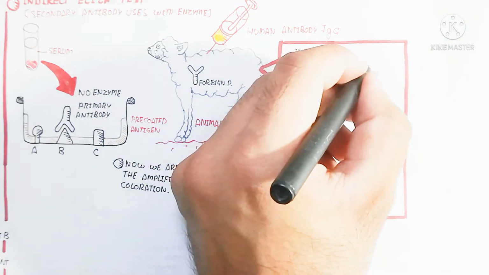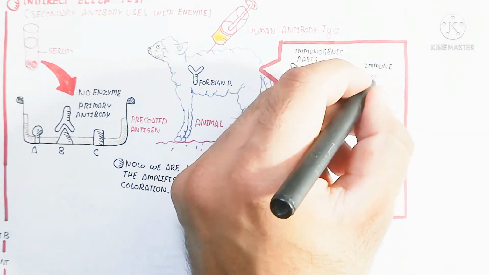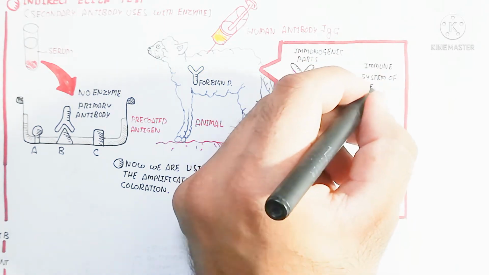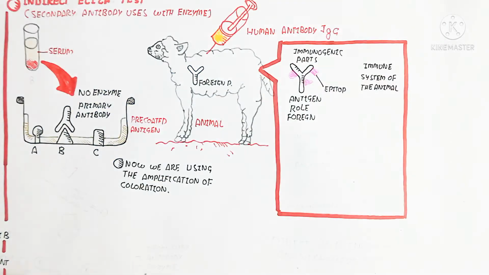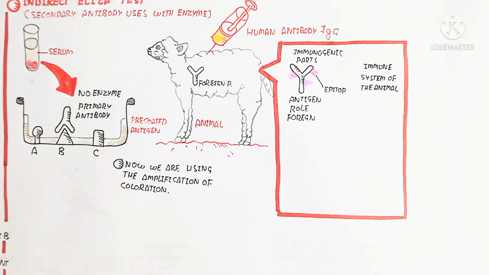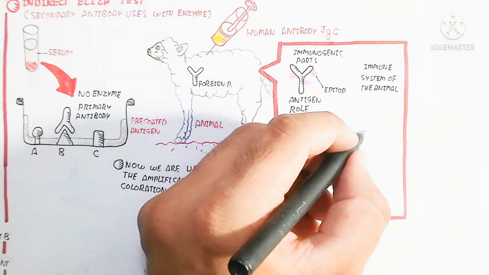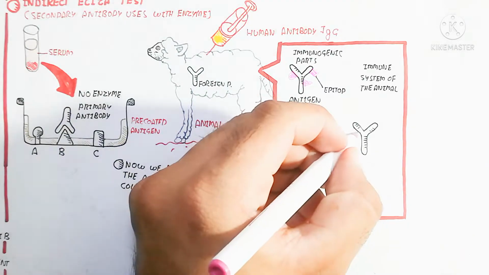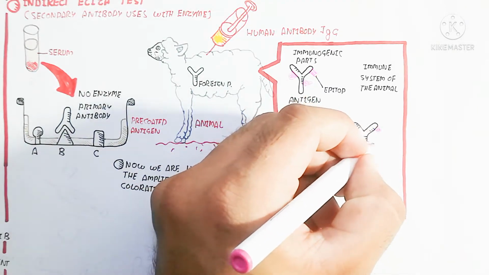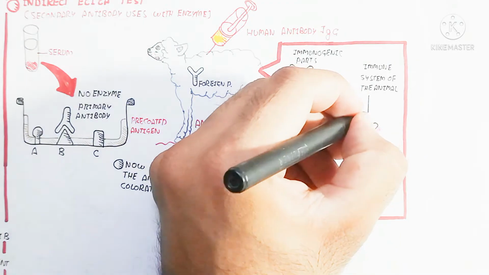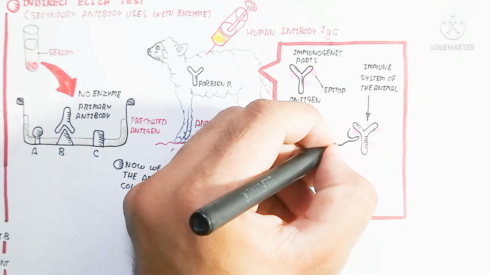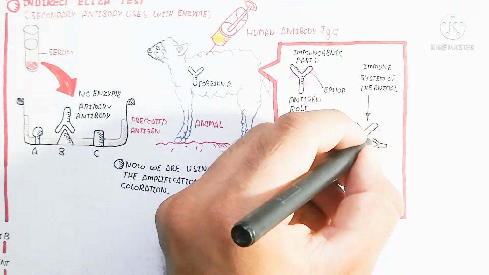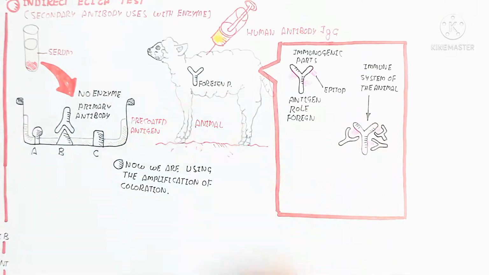So let's begin to understand. The immune system of the animal is activated and binds the epitope of the foreign patient antibody, producing the animal antibody against the epitope. That is known as the polyclonal antibody, while the monoclonal antibody is produced by the hybridoma technology system.